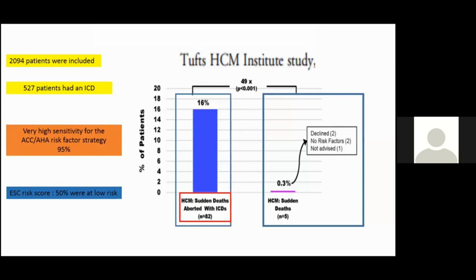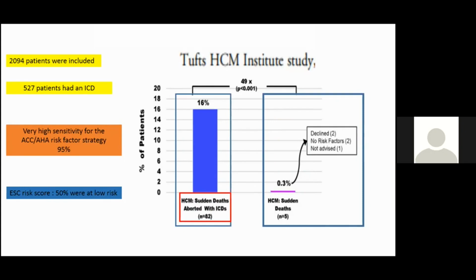So they included 2,094 patients into their study, and they used the American risk score assessment, which means the presence of only one risk factor. The patient was proposed for an ICD implantation.